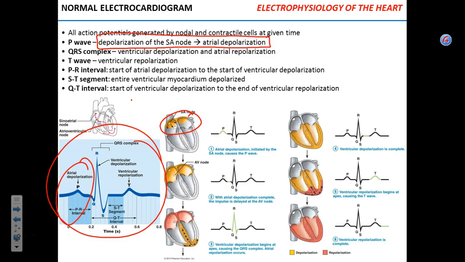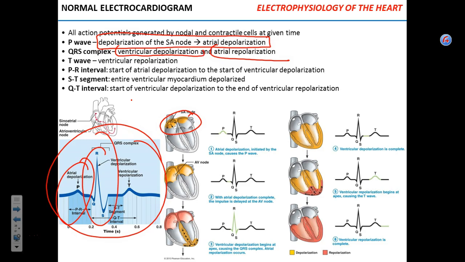And then you see this zigzag, which is the QRS complex. So what happens? Here are two electrical activities. One is repolarization of atria, and another is depolarization of ventricles.